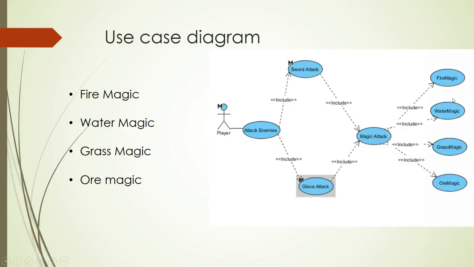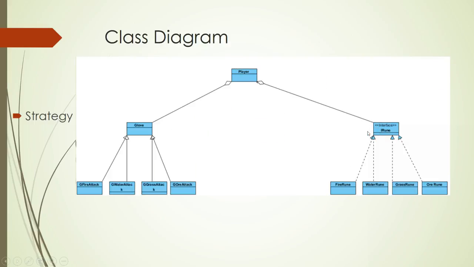So there are four different types of magic: the fire rune magic, water rune magic, grass magic, and own magic. For this sprint, I only did the glove magic attack. So you can see I use a strategy design pattern on the rune, on the different runes.